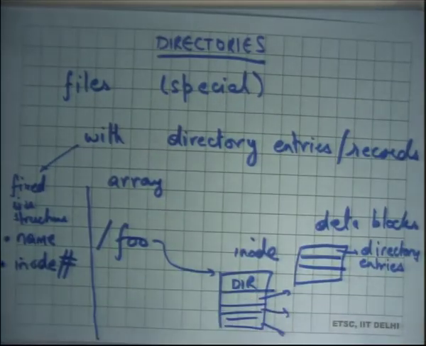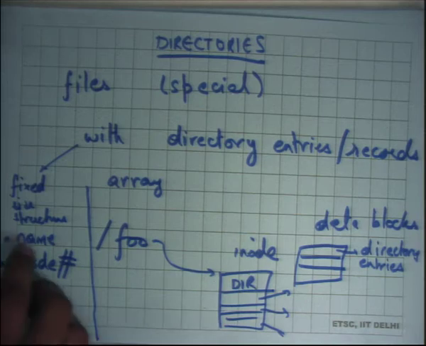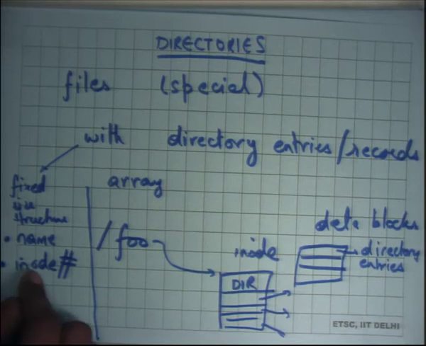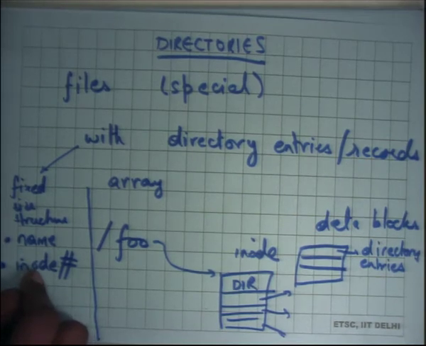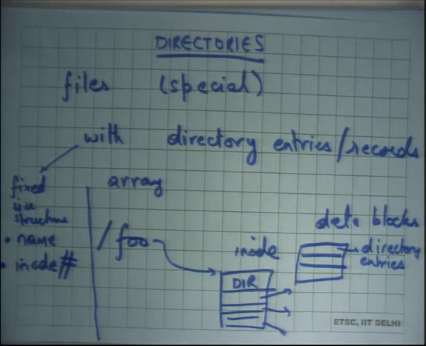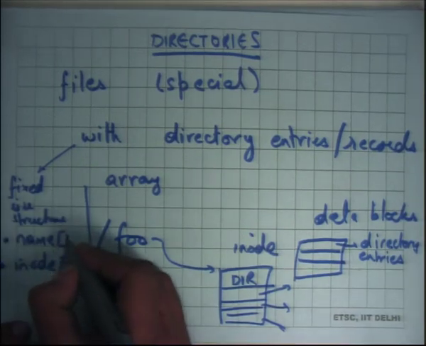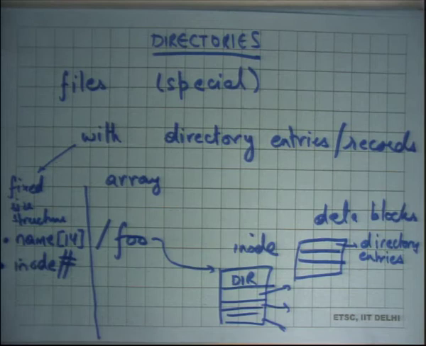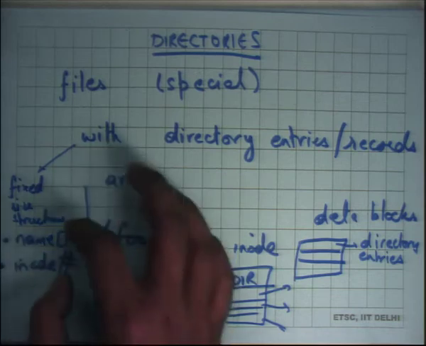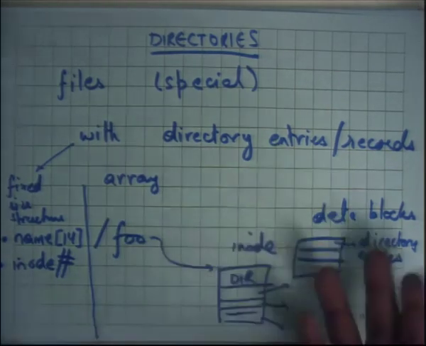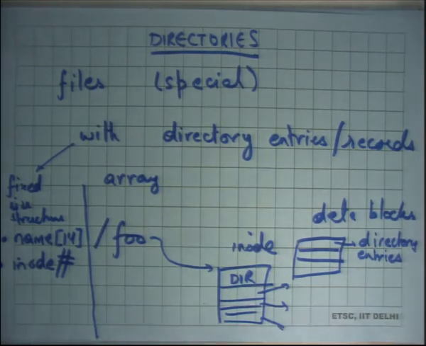So a directory entry contains the name of the file or the directory, which could be the name of a file or a nested directory, and the corresponding inode number. XV6 says I'll only allow names up to 14 characters long, so you have a fixed size on how big the name can be. And the inode number is fixed, so there's a fixed size structure of directory entries, and that's basically used to implement directories.